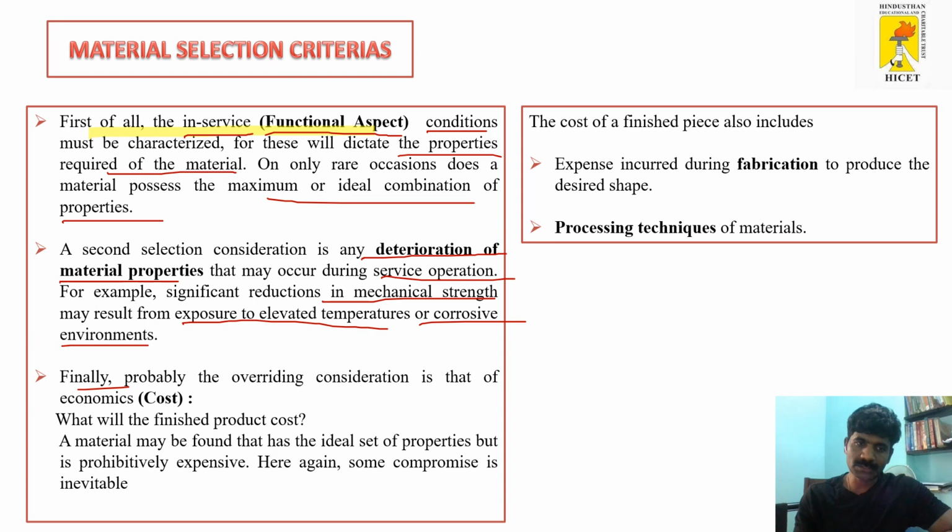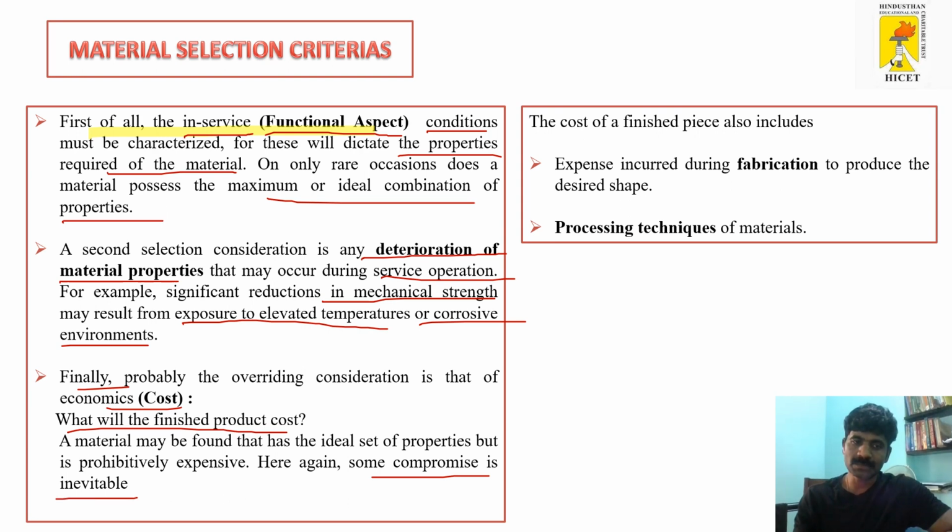Eventually, cost is another criterion under which a material is selected. There is always a question of what the finished product cost will be. If a material is selected with all the required properties that satisfy the current application in which it is being used, but the cost is high, compromise is inevitable here.